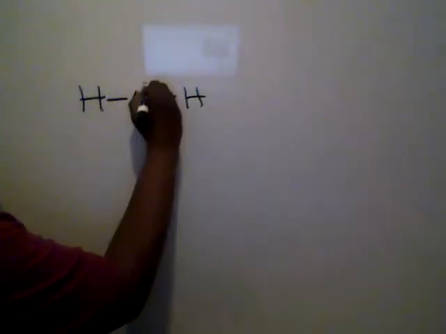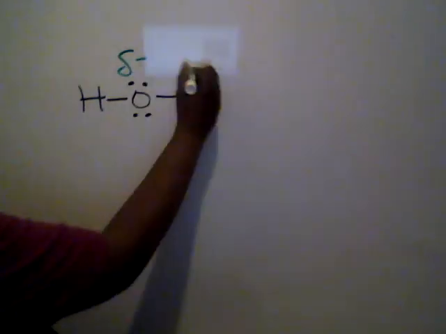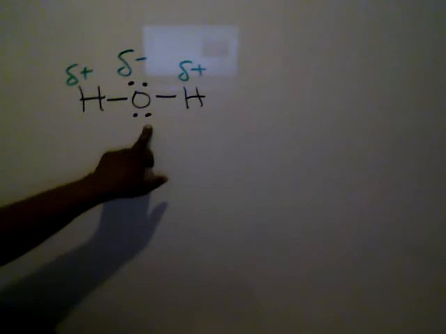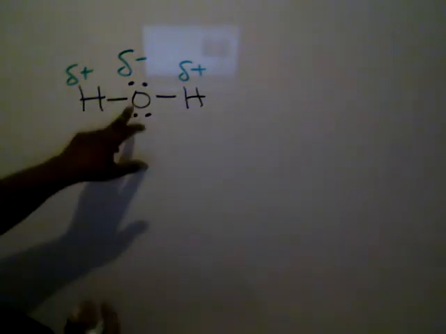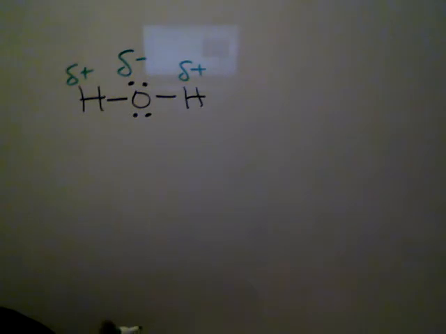Now if we were to talk about how water dissolves things, let's draw a water molecule. It's like this. We know water has slightly negative and slightly positive charges, because oxygen has more electrons around it, so it has a negative charge. Hydrogens have fewer electrons, so they take on a more positive charge. Let's say there is another compound like NaCl.